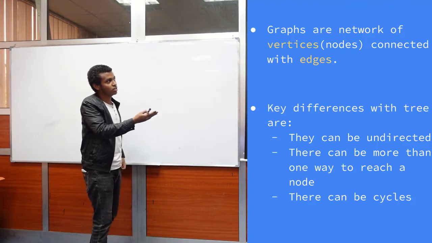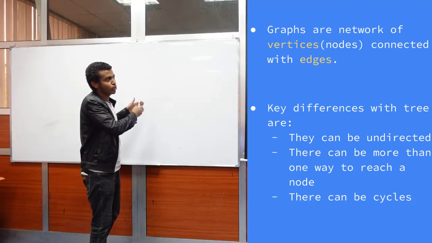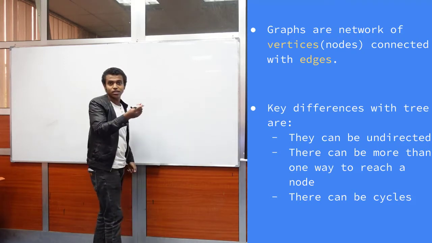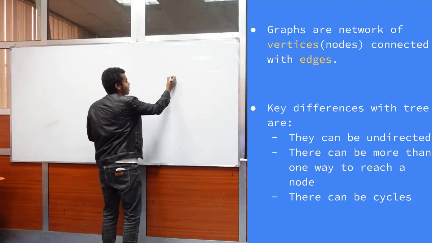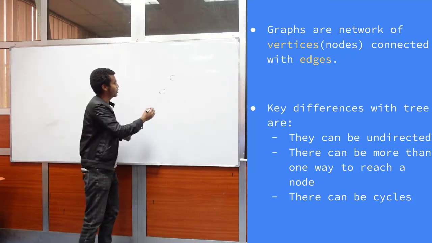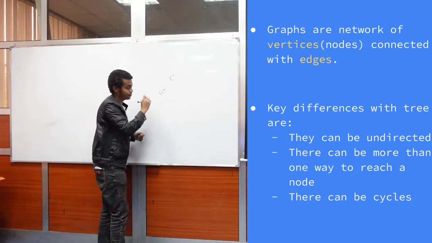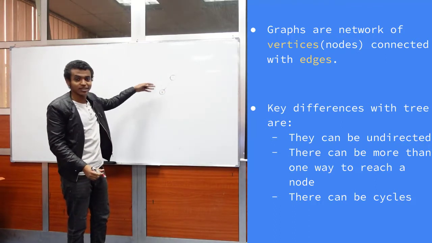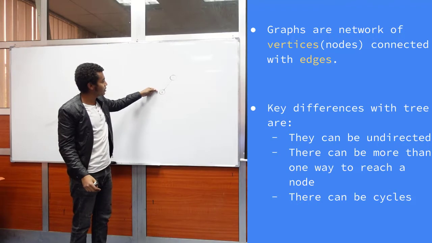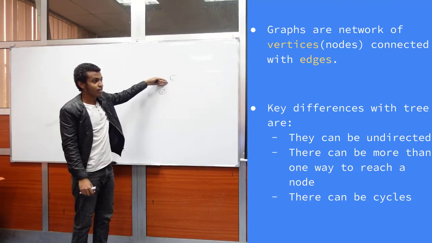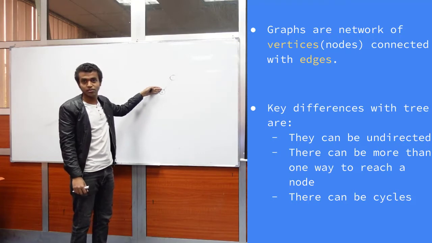So edges are just a way to connect vertices. For example, let's see a simple graph. Let's see a simple graph as a tree. Assuming we have only two vertices, this value and this value are called nodes or vertices, and then the thing that connects them is called an edge.